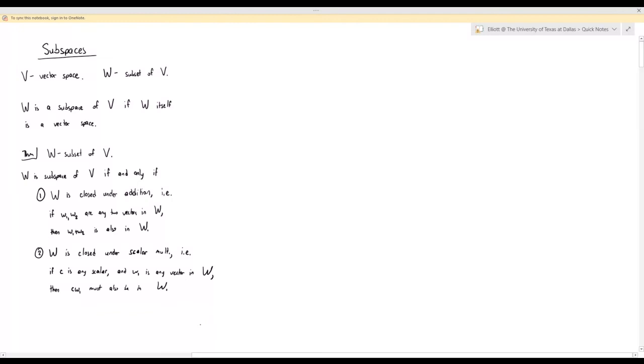I'll do a couple of examples, checking whether a given subset of a vector space is a subspace or not.